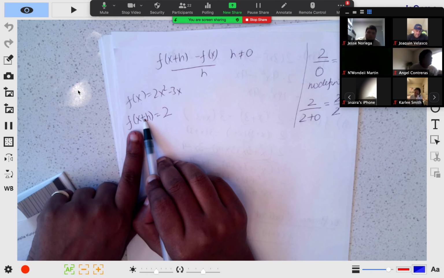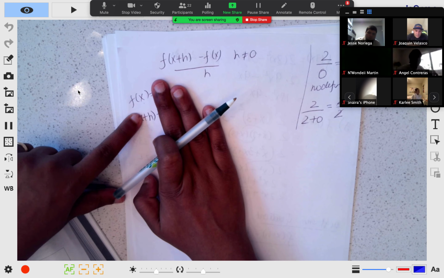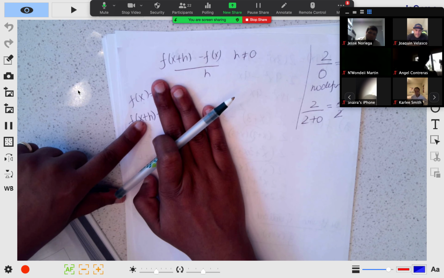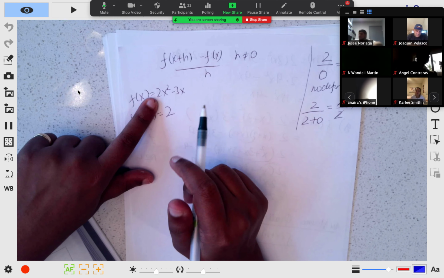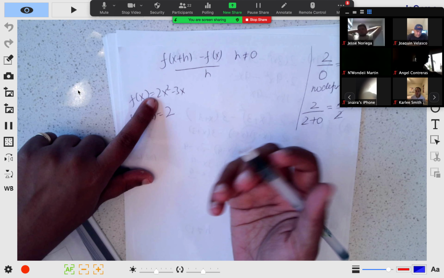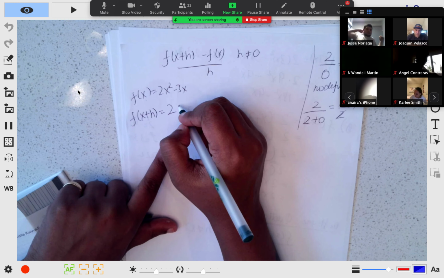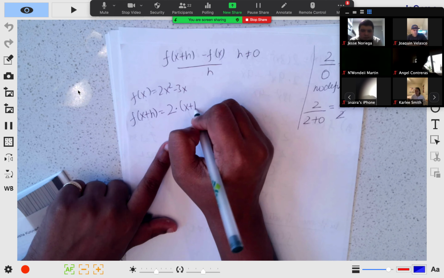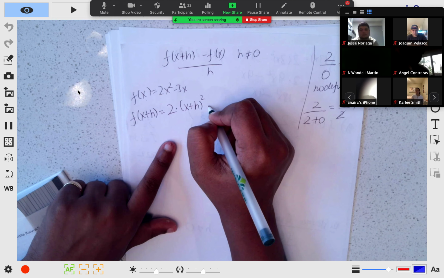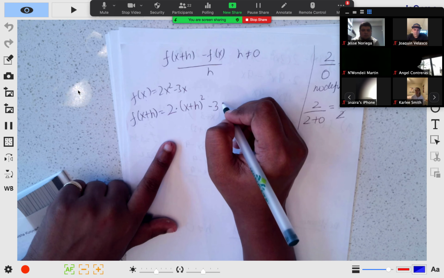What happened here? What did you do? You replaced x with x plus h, right? On this other side also do the same thing. Replace x with x plus h. What does it become? 2 times (x plus h) squared, minus 3 times (x plus h).